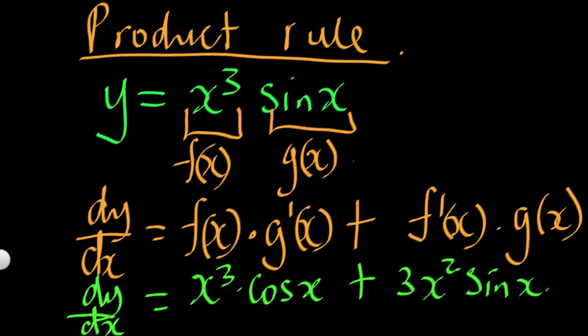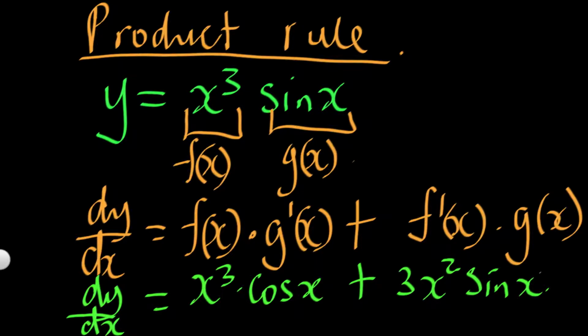This is the product rule. You apply the product rule once you see two functions multiplying each other. Then apply the product rule there. It works. That's all you have to do. I hope it's very clear. You can do more examples. Go around and find more examples of where you can use the product rule. Whenever you see two functions multiplying each other, you can apply the product rule.